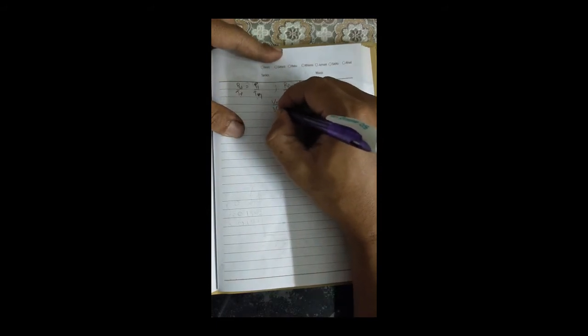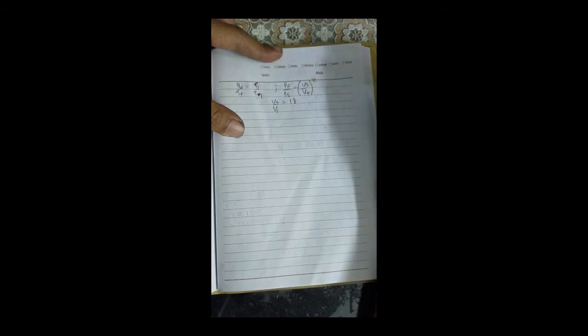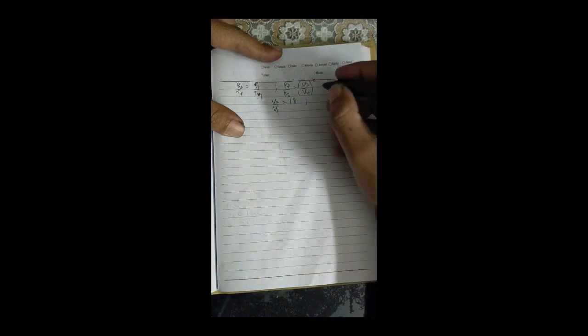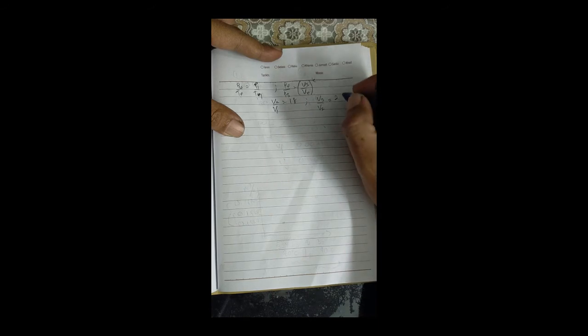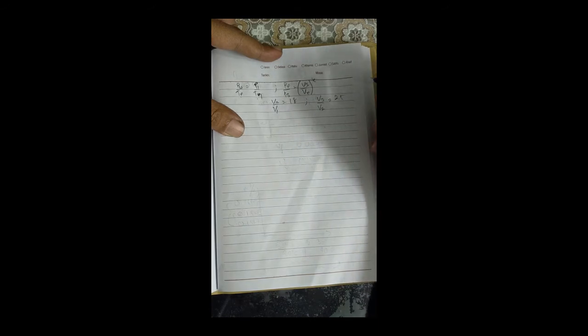From this we know that V1 over V2 is 18, and V3 over V2, the cutoff ratio, is 2.5. That is the cutoff ratio.